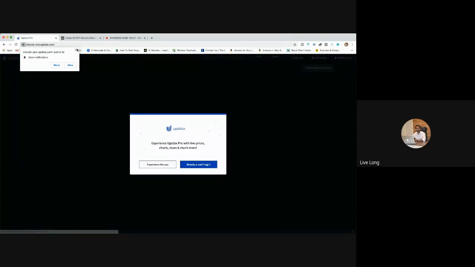Upstox has something called Upstox demo. You can have a look at this during your free time. Let's say I want to add some stocks over here. Guess something's wrong with my net now.